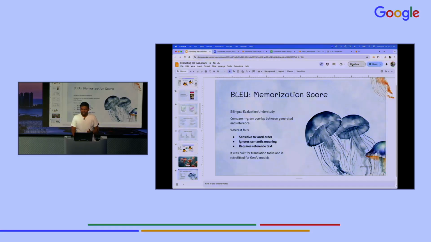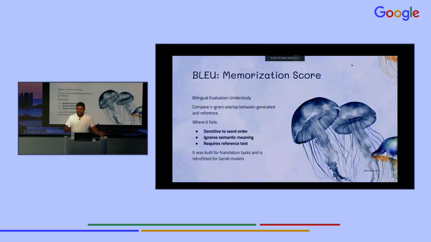That makes it so bad, because when you're generating with the model, the way I write a Python program versus the way you write a Python program would be very different. Maybe I do my variable declaration always alphabetically, versus you do it based upon the number. Based upon that, it ends up failing quite a lot where the word order comes in. And with Gen AI models, that's actually very often that it comes in.